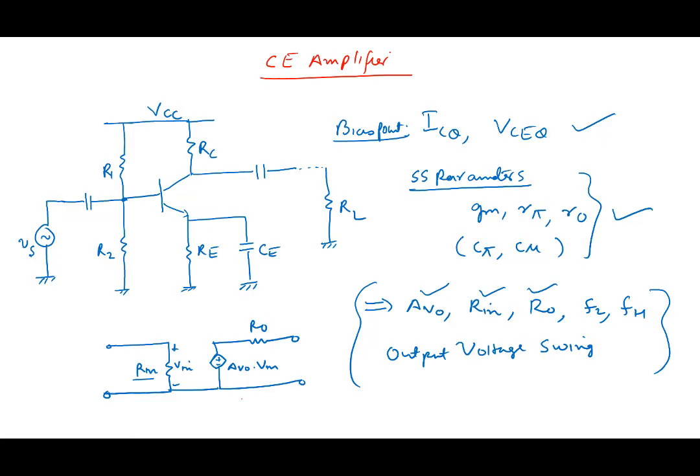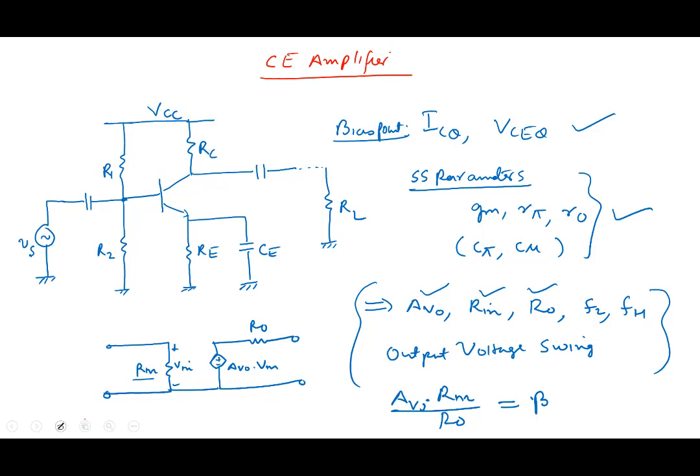This is important because a single amplifier stage may not be enough to provide you with the entire gain. You may cascade several amplifier stages, and when you're cascading, this representation is what is required. The other thing that we had said, and I've asked you also to do in the homework, is that AV0 Rn by R0 is equal to beta.